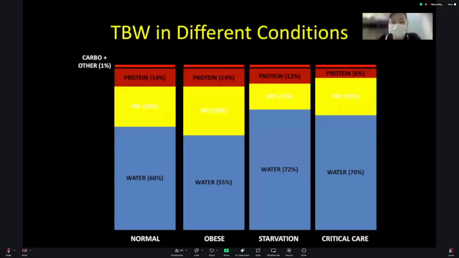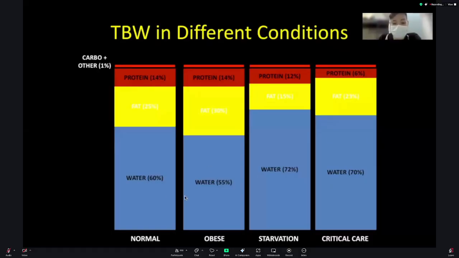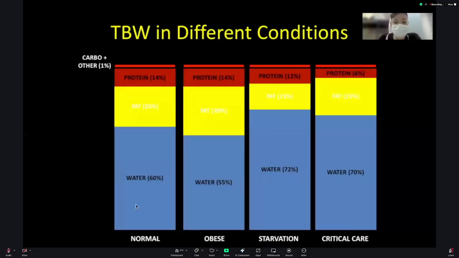And as you can see, the total body water increases depending on the state, except for the obese patient. Our reference would be the normal state, wherein total body water would be 60%, fat content is around 20%, protein content 14%, and the rest would be divided into carbohydrates and others at around 1%.